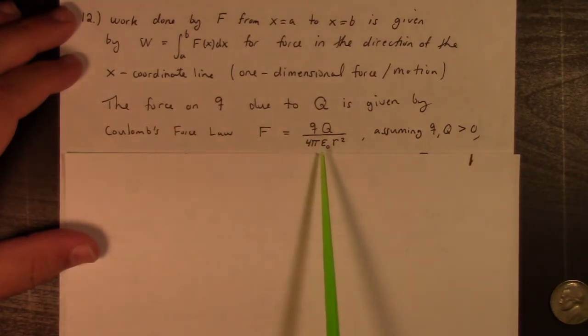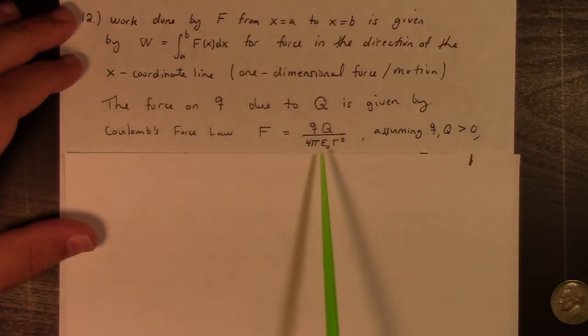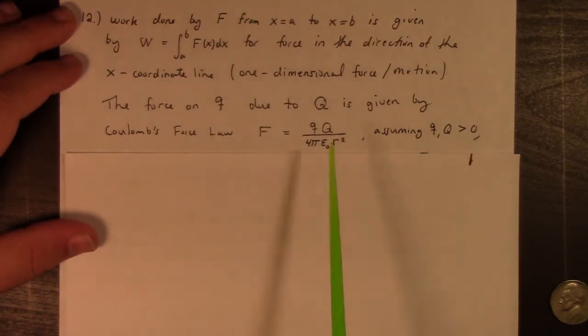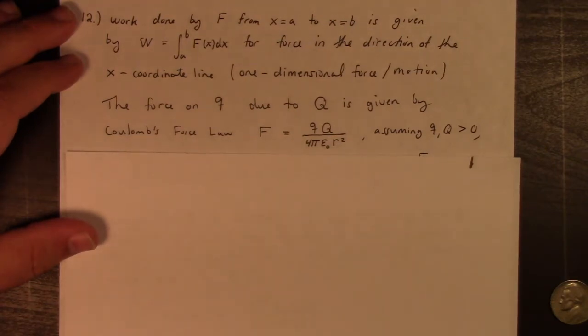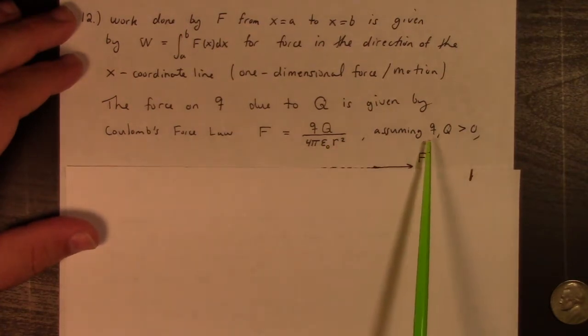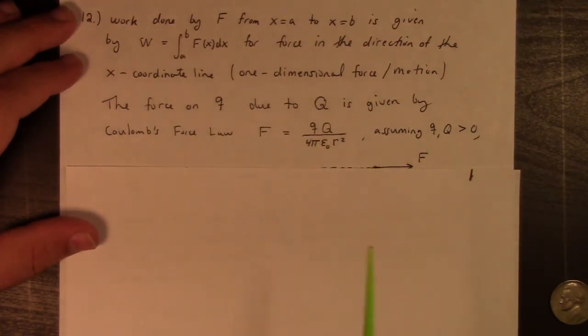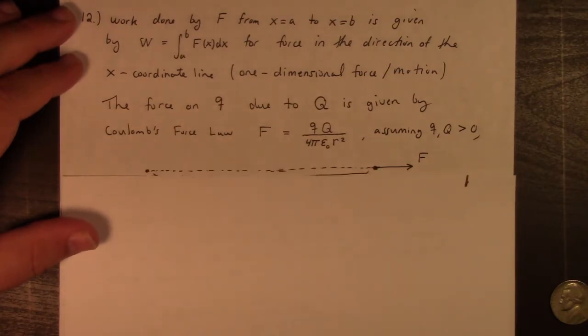I forget what its value is, maybe 10 to the 9th or something. Anyway, you can look that up, but again, it's a property of space-time, of the vacuum, this permittivity of free space. And I'm assuming that the charges are both positive, so that means that the Coulomb force is repulsive.